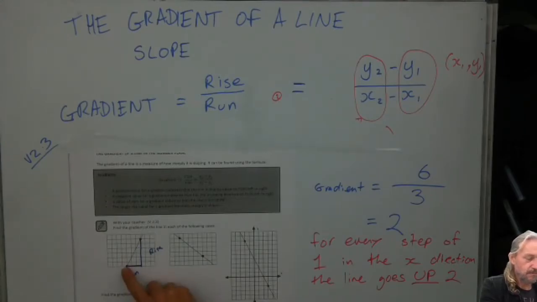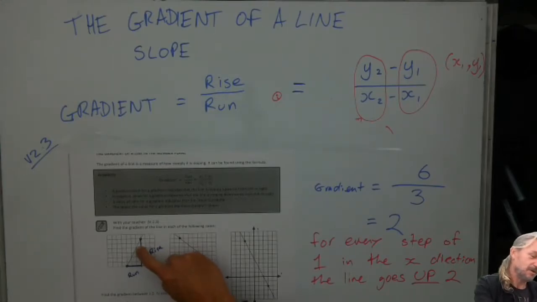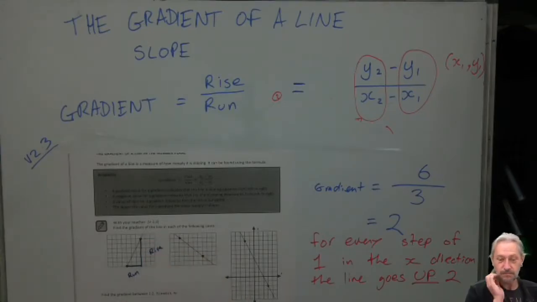So if we come just 1, then the line goes through that point that is 2 above. And then if we go 1 more, it's 2 up again, and another 1, it goes up 2.